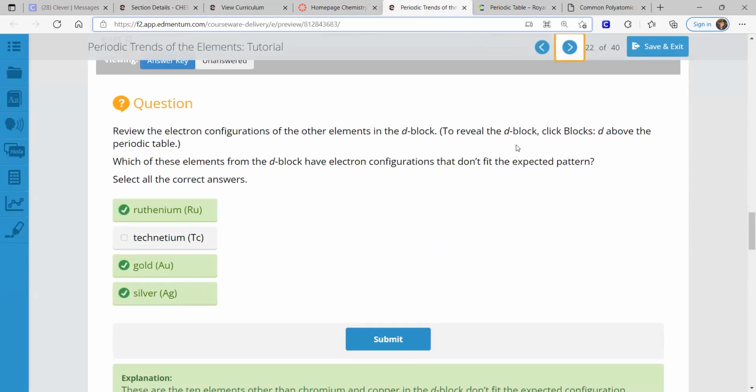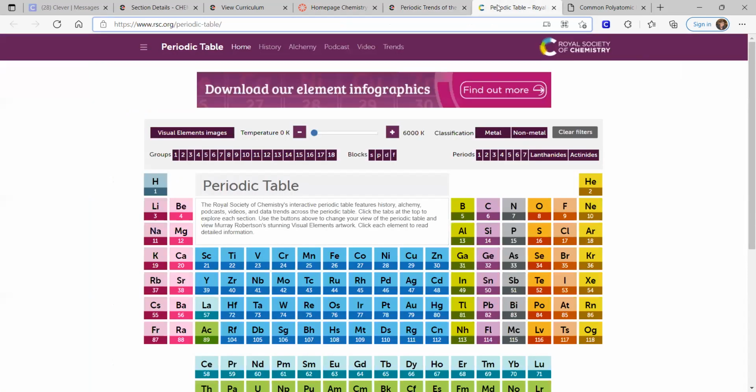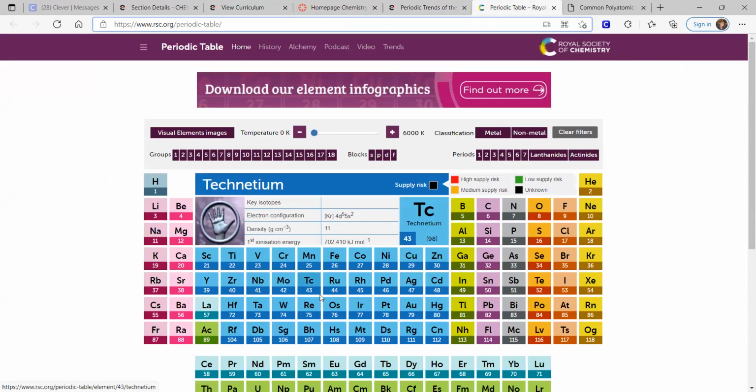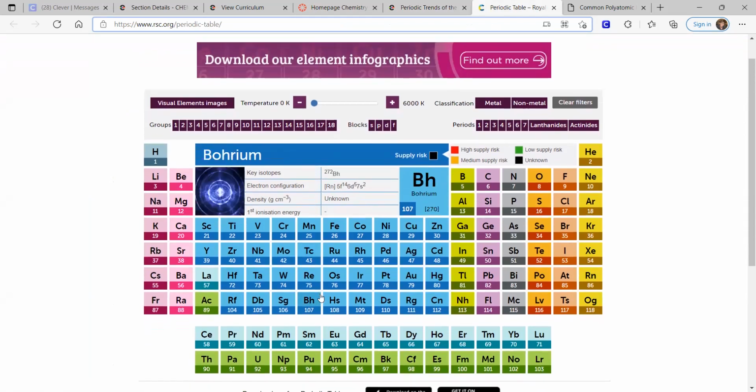Which of these elements from the d block have electron configurations that don't fit the expected pattern? Ruthenium, gold, and silver. And I'll show you. Gold, you see how 4d10, 5s1, and then silver, acting weird. We go from 4f14, 5d9 to filling up that d sublevel.